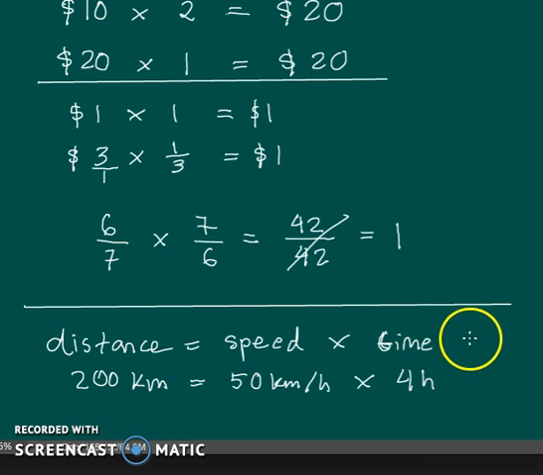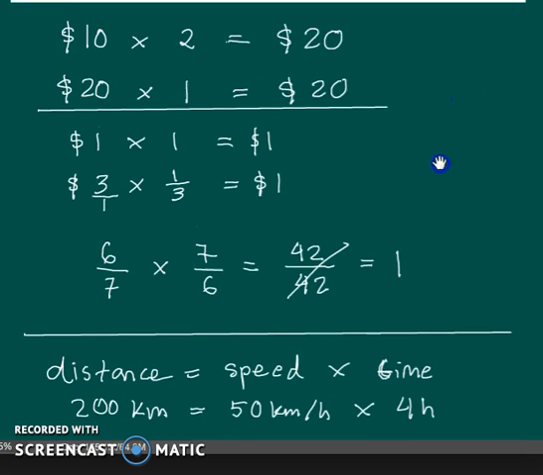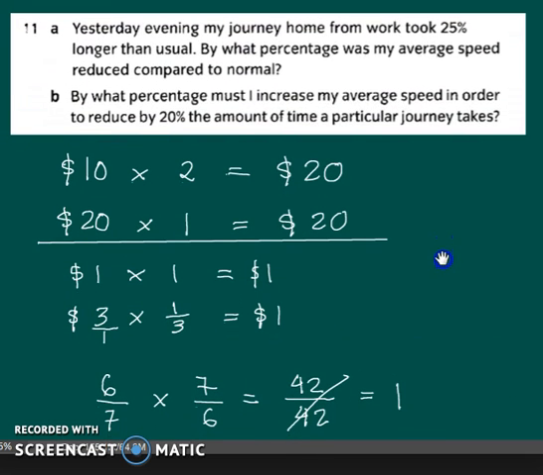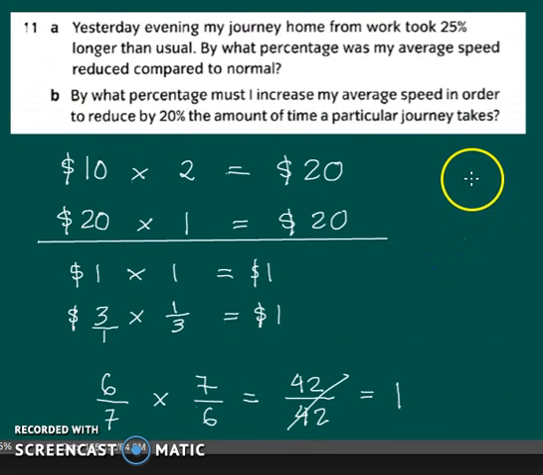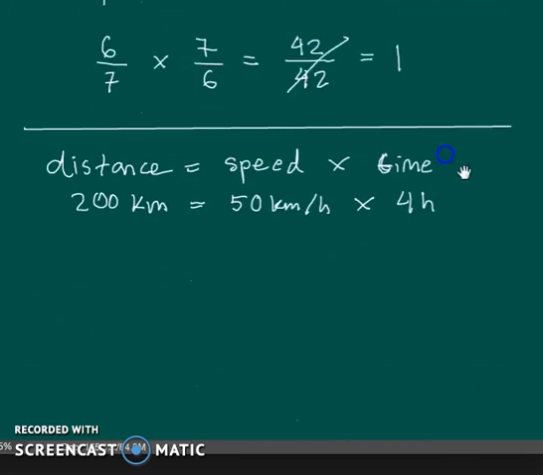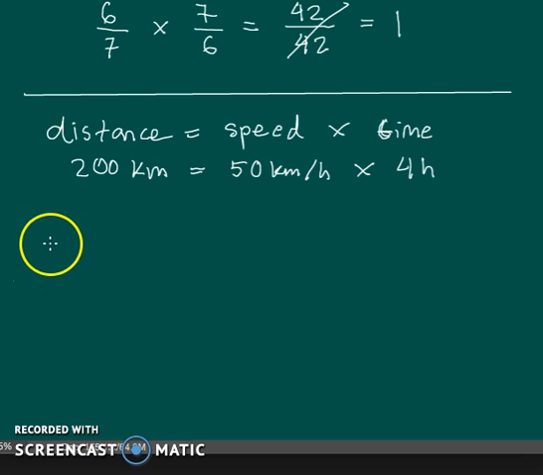Okay, now that that formula is established, let's look at our question. Yesterday evening, my journey home from work took 25% longer than usual. So what does usual mean? Usual means 100%. 100% means the amount of time that it takes me to get there didn't change at all, but today it took me an extra 25% longer than usual.